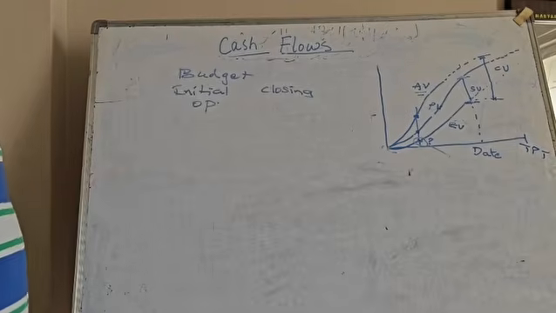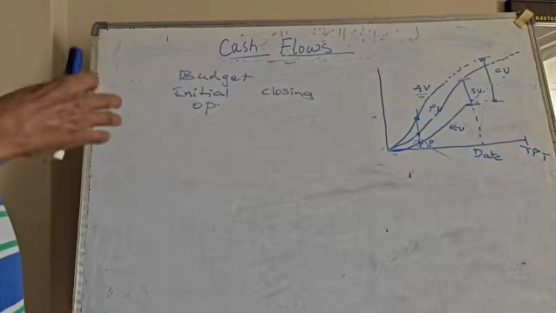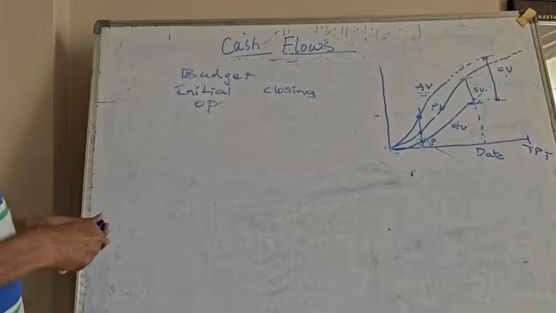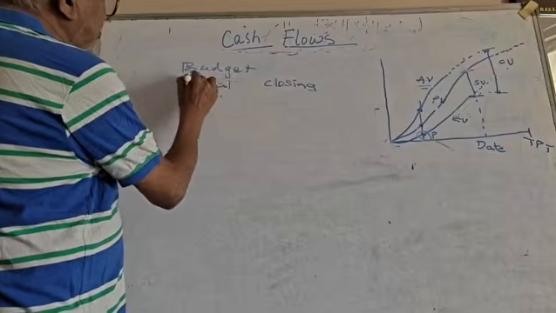No. Most of the people, they go into the market and they don't put 1 million for a 1 million project. What they try to do is, they try to have an initial cost.